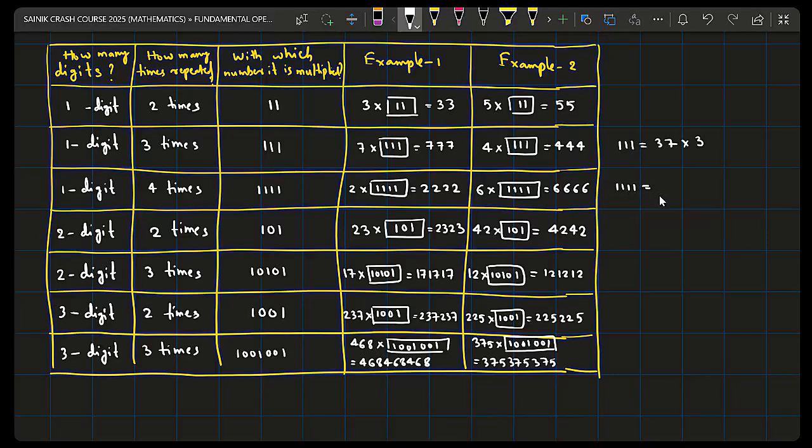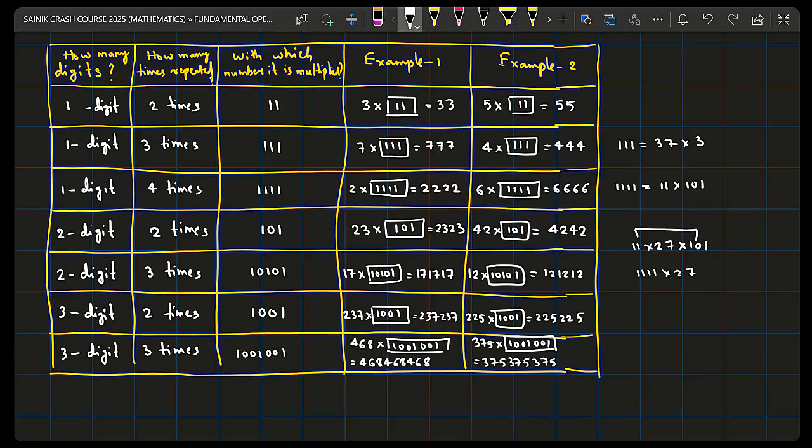It's divisible by 11, so it is 11 multiplied by 101. Suppose if I give any question like 11 into 27 into 101, what we can do is 11 into 101, we have 1111 multiplied by 27.